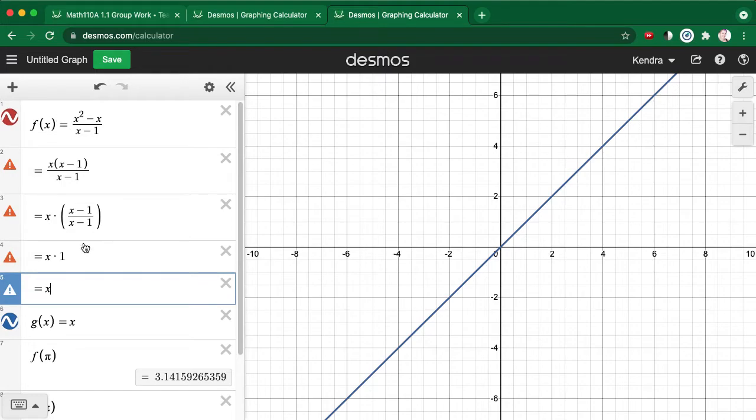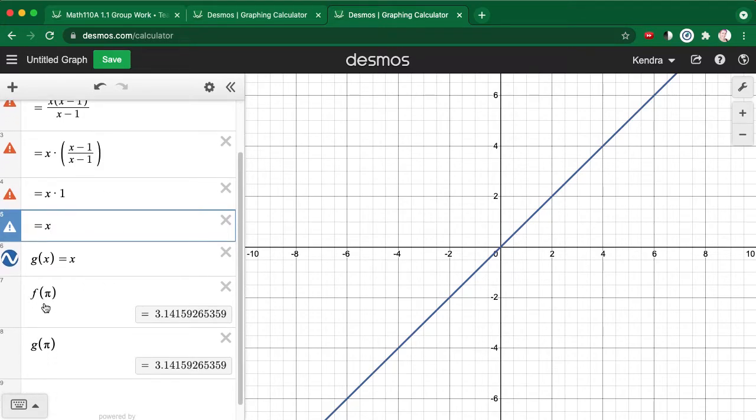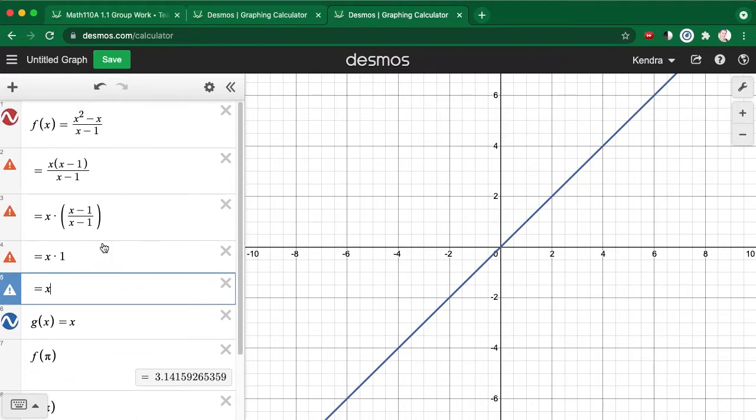So doing this work actually gives us an algebraic justification for showing that f and g are the same for, it seems as though, all values. So this seems to be a good justification for the people who said yes.